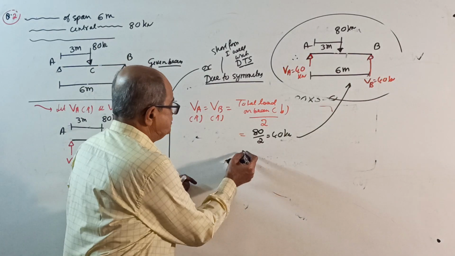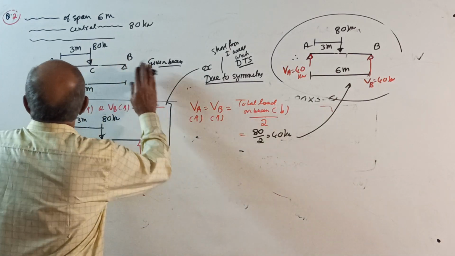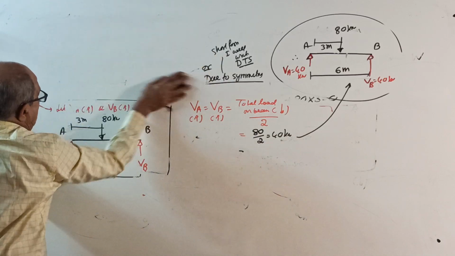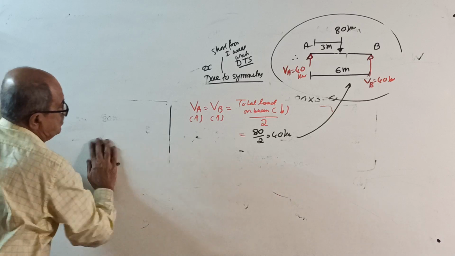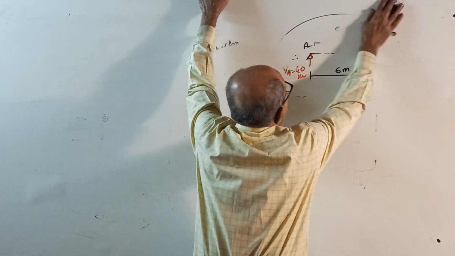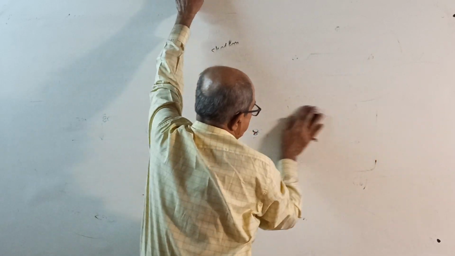Okay, now question number 3. I will put question number 3. Very, very powerful question. Question 3 is a very, very important question. I am not passing, I am writing now only, because if I pass, it will take some time.